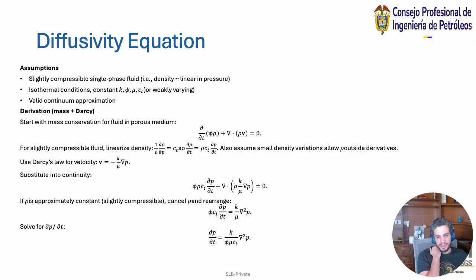A high permeability, or a low viscosity, or a low total compressibility will mean that the pressure is stabilizing quickly, right? So this equation is the engine behind well testing and reservoir simulation and PTA, or pressure transient analysis, or pressure transient testing, right?